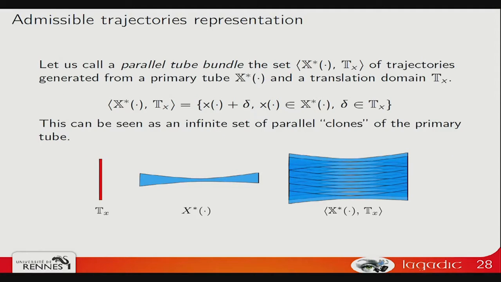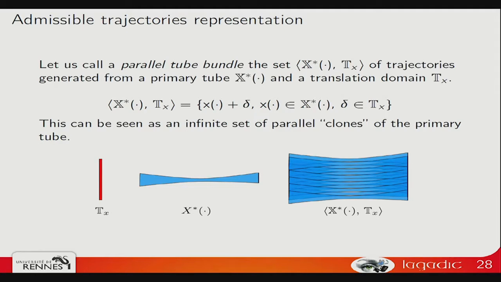And to represent the possible trajectory, instead of having a tube or dividing the tubes, we will use what I call the parallel tube bundle, which is basically a small tube and a translation domain.